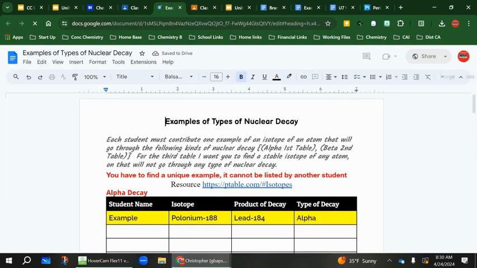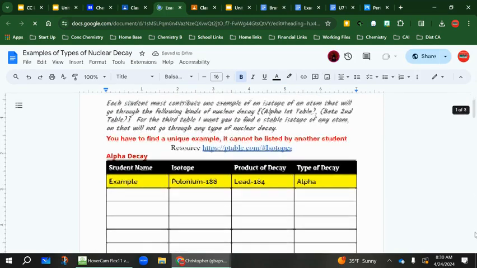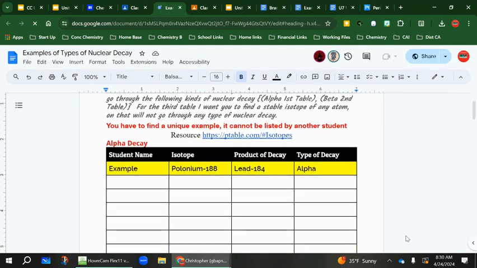What you are going to do is go to the resource ptable.com/isotopes. This is a shared document. You all have access to it. You are going to write your name here, and then give me an example of an isotope that undergoes alpha decay.